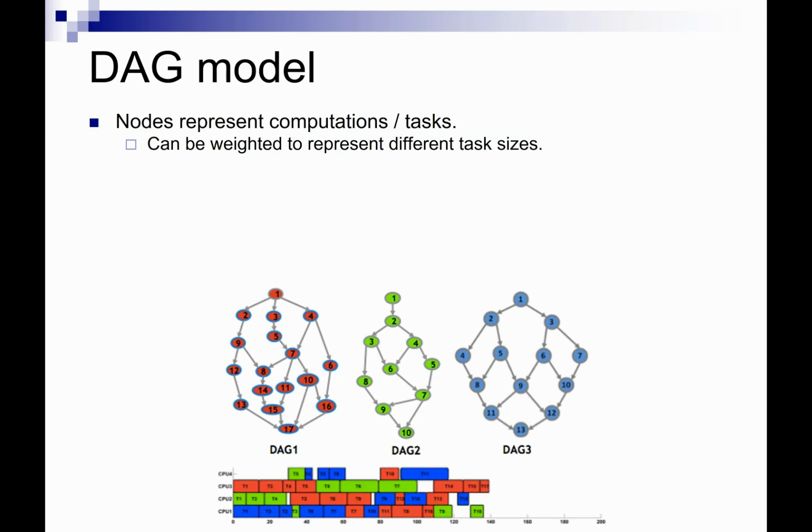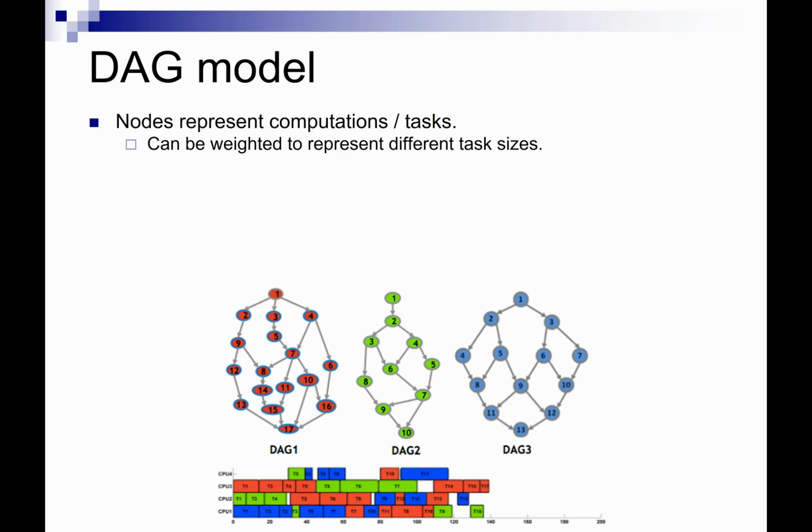Furthermore, we make directed edges between the nodes. If one node points to another, like here 1 points to 2, this means you have to do the task associated with 1 before the task associated with 2. So these edges give the precedence relation between these tasks.